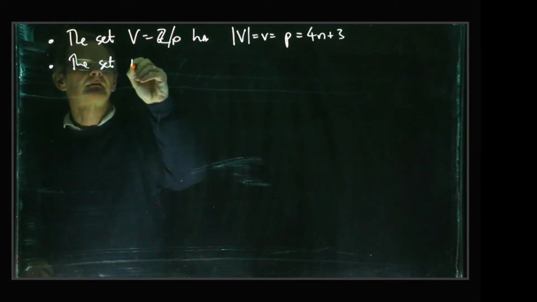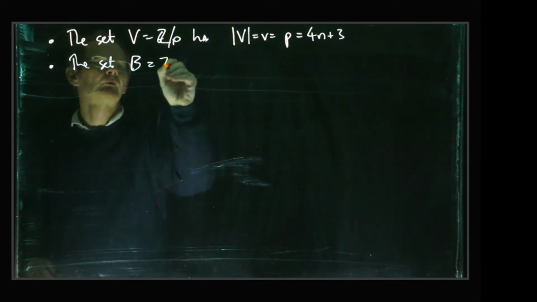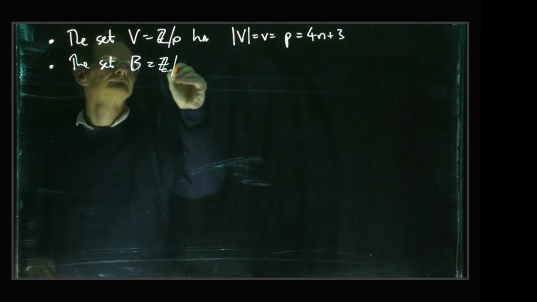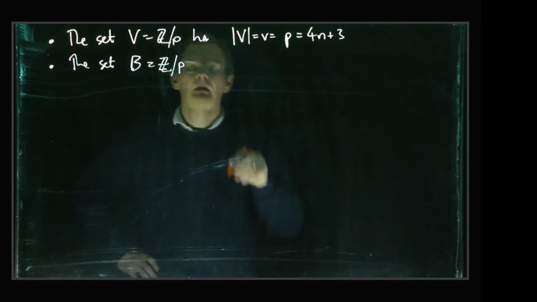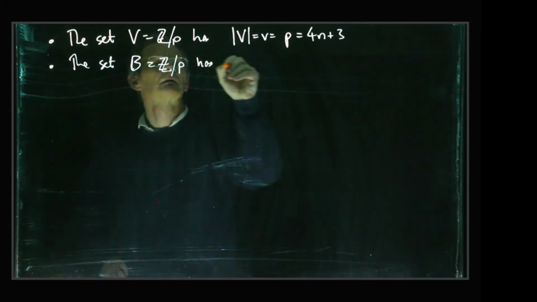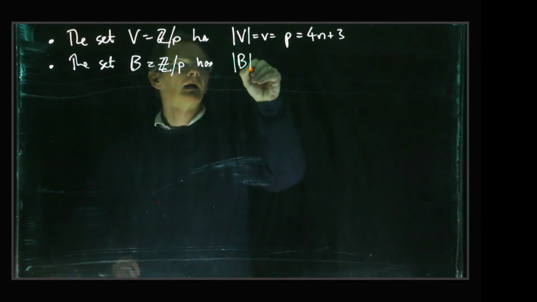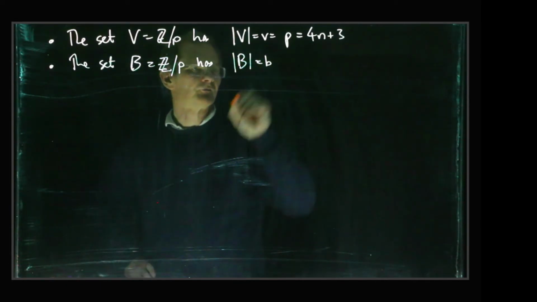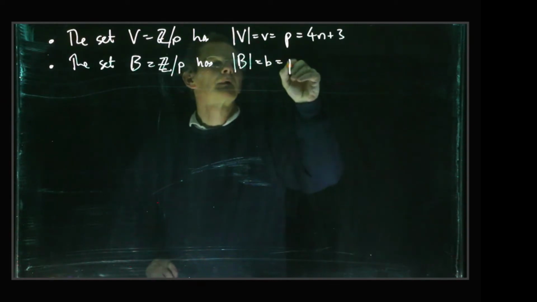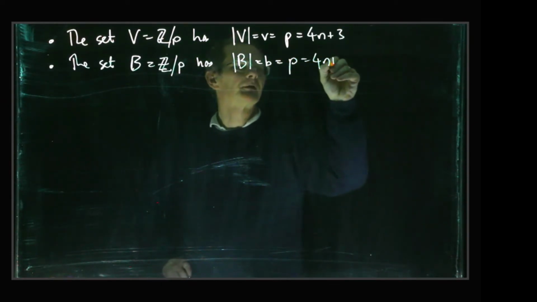And then the set B was also Z mod P. The size of the set capital B is conventionally denoted by little b. That's also equal to P, which is 4n + 3.